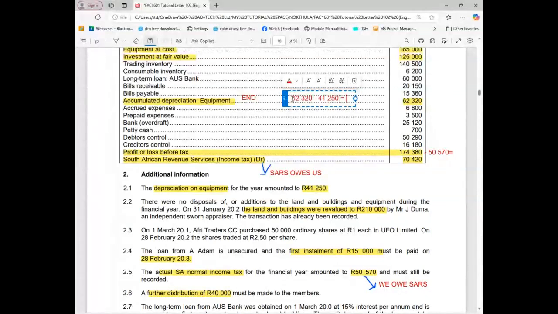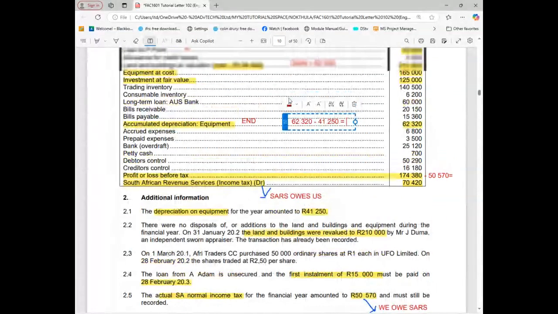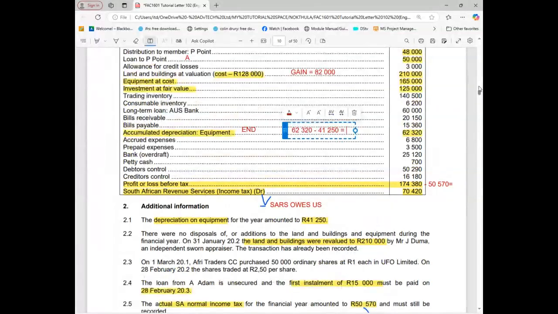If I want to know how much it was at the beginning, it's 62,320 minus 41,250, which is equal to 21,070. So this was the one at the beginning.